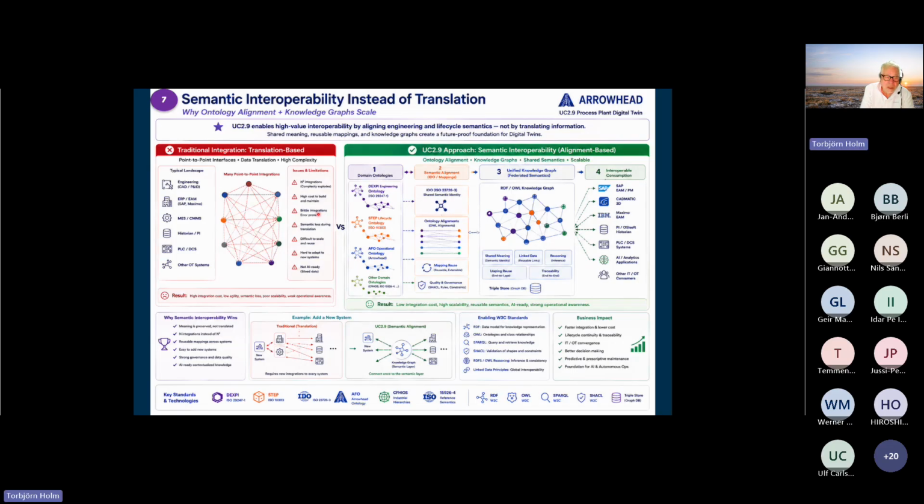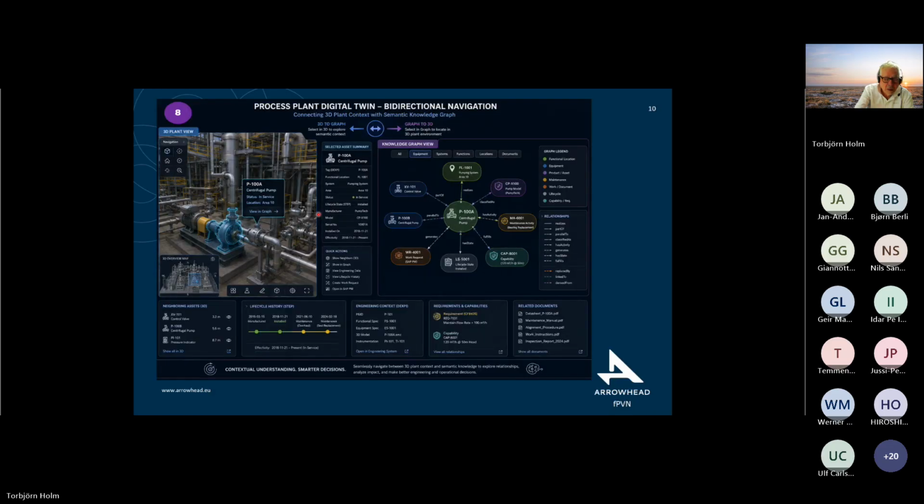So that's one of the things that we have been very successful with in use case 2.9. We are not going for translations, we are going for interoperability, and we align on a few things. This is what we also do.